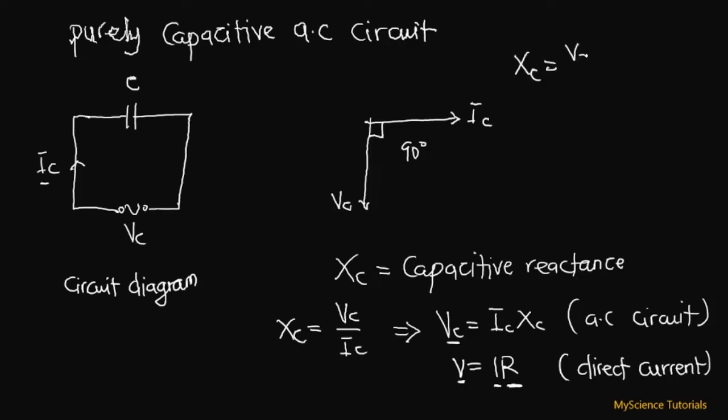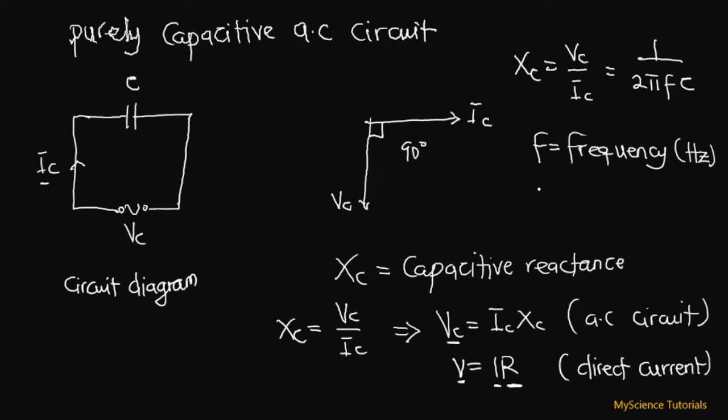The first one is VC over IC, but this can also be written as 1 over 2 pi FC, where F is the frequency of the circuit in hertz, and C is the capacitance of the capacitor, measured in farad and mostly microfarad.